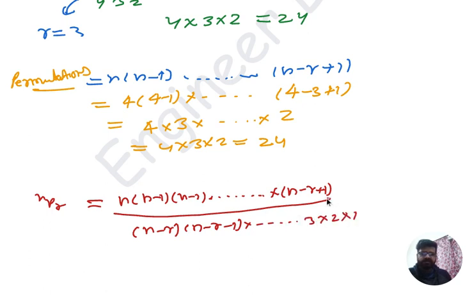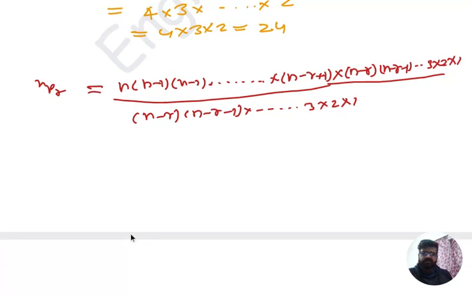So I will multiply this in the numerator also, n minus r, n minus r minus 1, and up to 3 into 2 into 1.